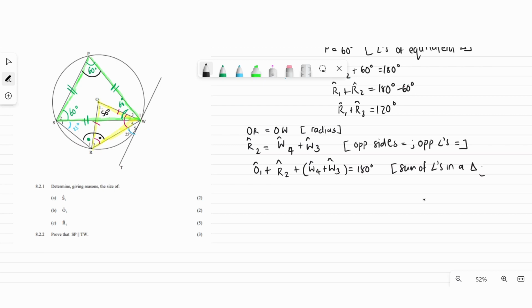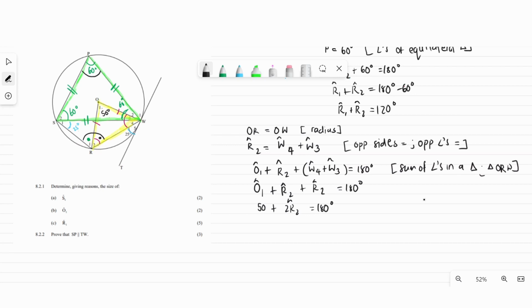Then state which triangle you're talking about: triangle ORW. We already know R2 is equal to W4 and W3, so we substitute W4 and W3 by R2. So angle O1 plus angle R2 plus R2 is equal to 180 degrees. But we know what O1 is, right?